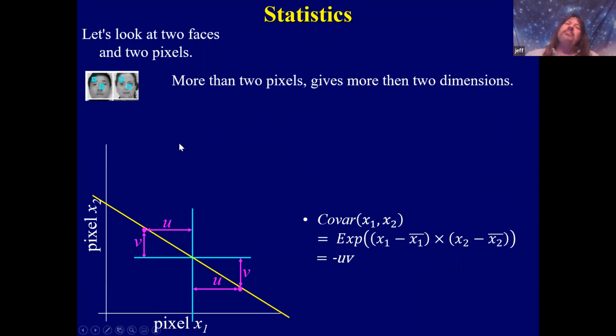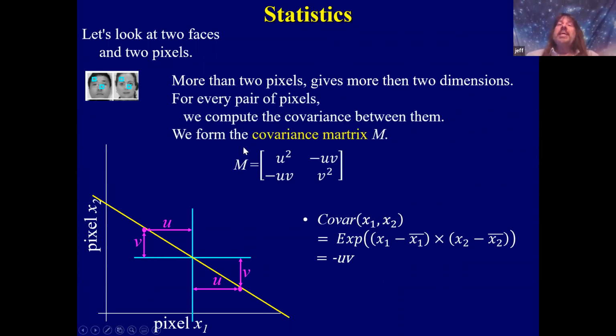All right, so we have lots and lots of pixels. In fact, we have 10,000 pixels. So we can form a 10,000 by 10,000 matrix, 10,000 rows, 10,000 columns. And the ith row and the jth column will be the covariance between the ith variable, how bright the ith pixel is, and how bright the jth pixel is, right? So that's a big matrix here.